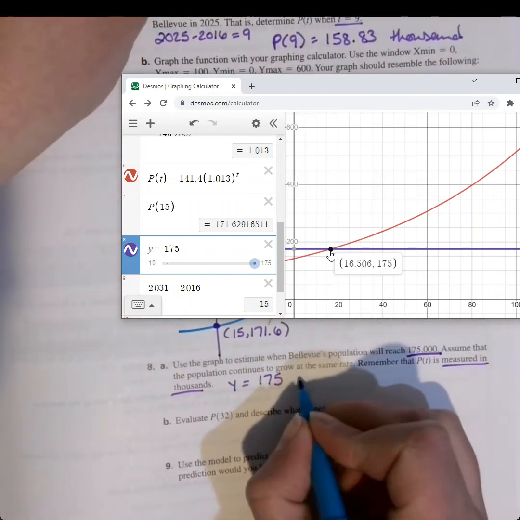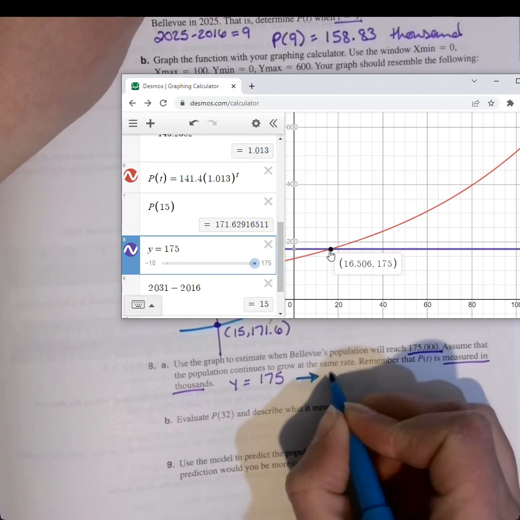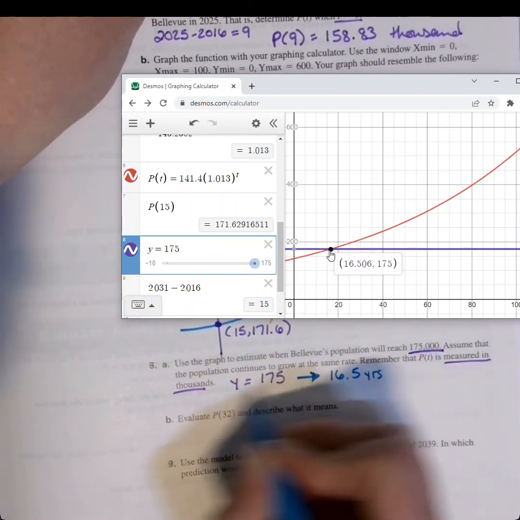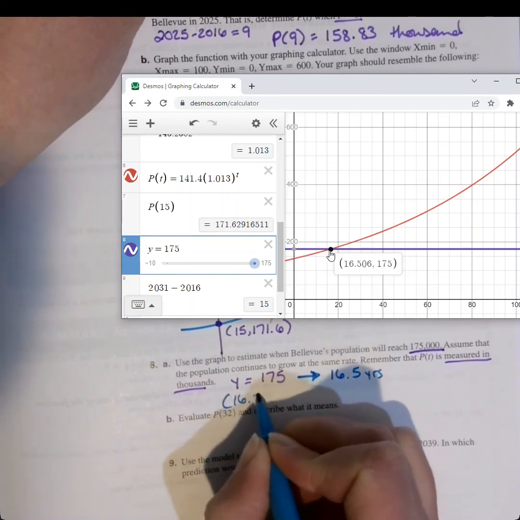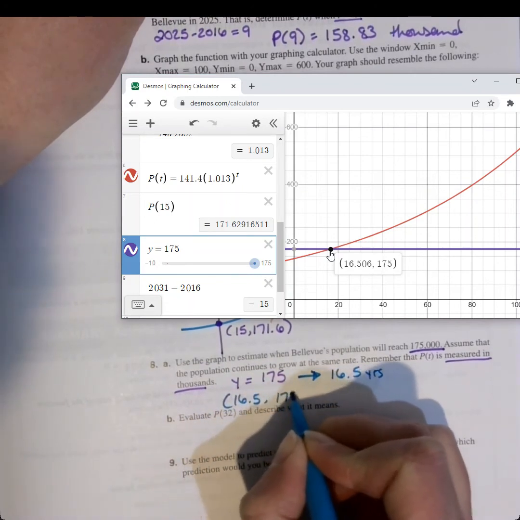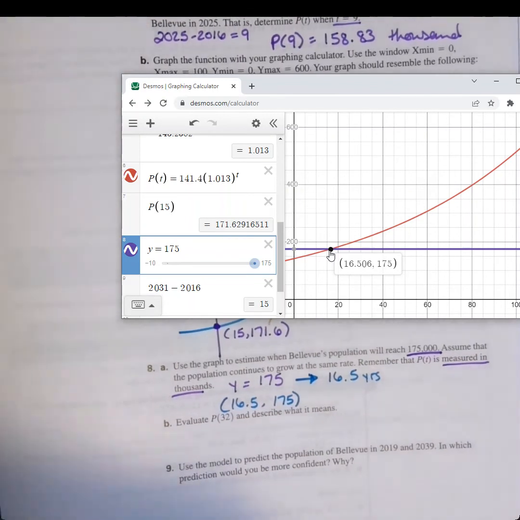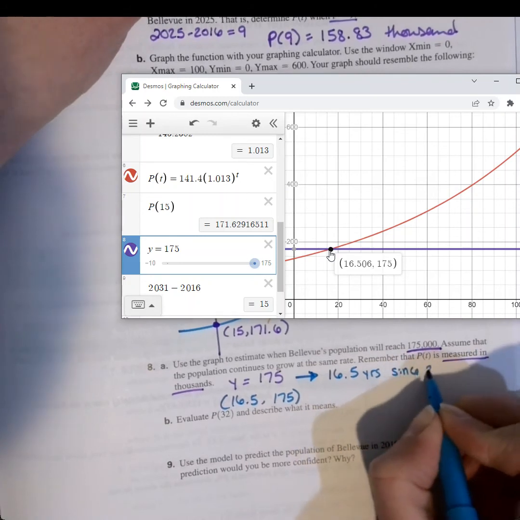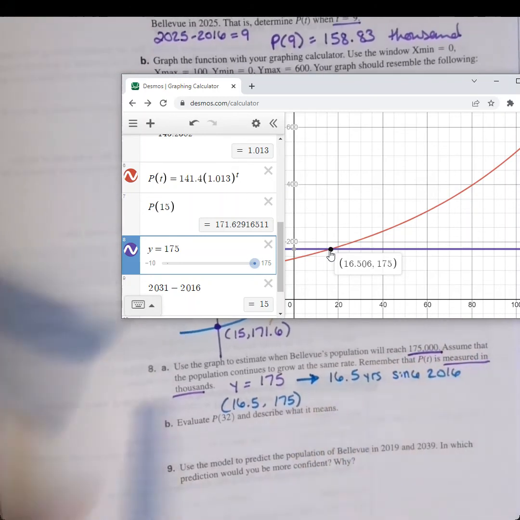Okay, so this gives us 16.5 years, or the ordered pair 16.5, comma 175. But 16.5 years is not going to be our final answer on this. It's 16.5 years since 2016, and so I'm not actually going to say that in my answer either.